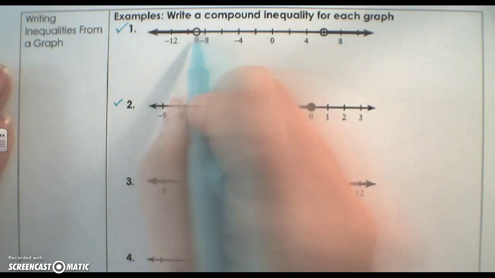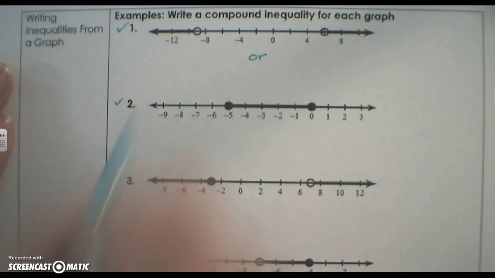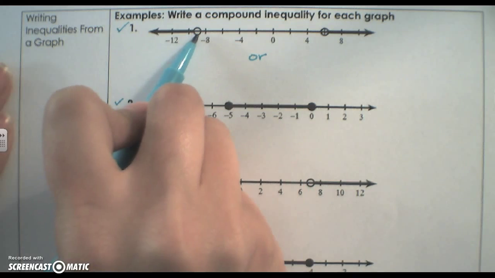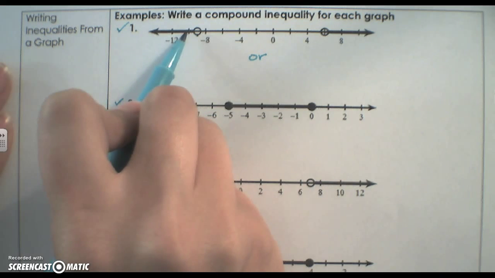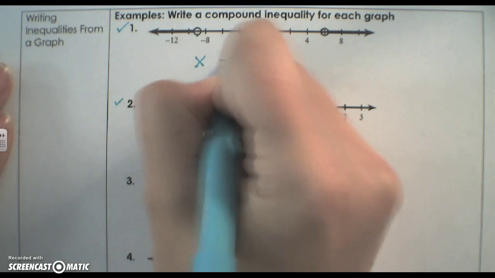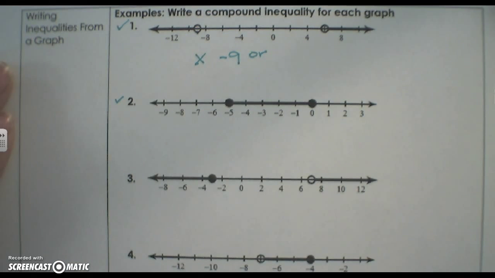Well, if it goes opposite, we know we're going to have the word or. And then we look to see where x is at. This would have to be -10 if it's going by 2's, so this would be -9. So we know it's x, we know it's -9. Are we less than or greater than? We're a less than.